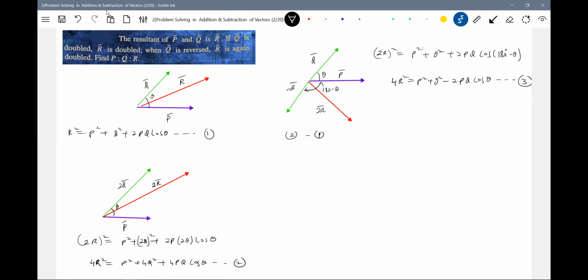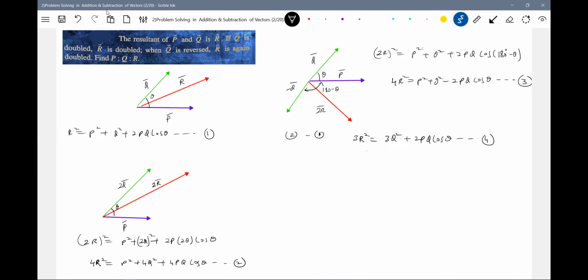When we do this operation, 4R square minus R square is 3R square, P square gets cancelled, 4Q square minus Q square is 3Q square, and 4PQ cos theta minus 2PQ cos theta is 2PQ cos theta. Okay, now we have everything. This is equation 4.